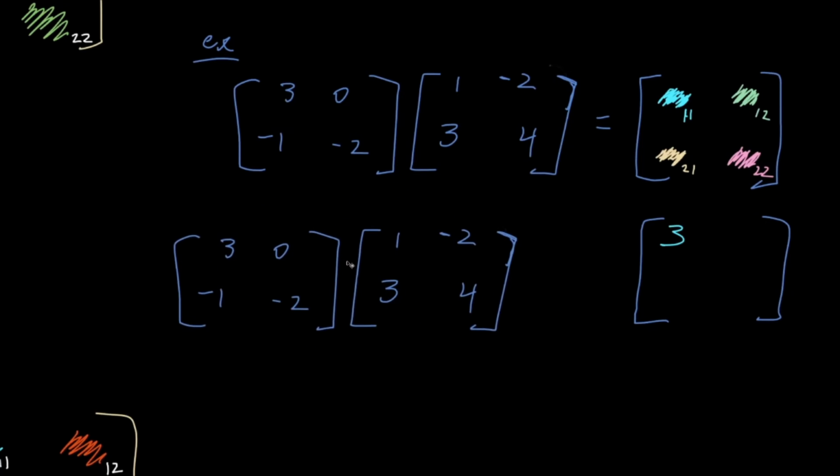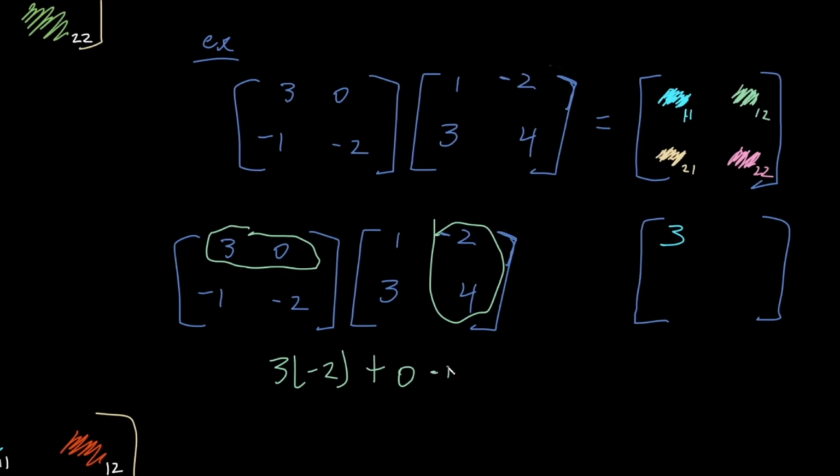I'm looking for top right, so row 1, column 2, right? So I get 3 times negative 2 plus 0 times 4. So it would be negative 6 plus 0.